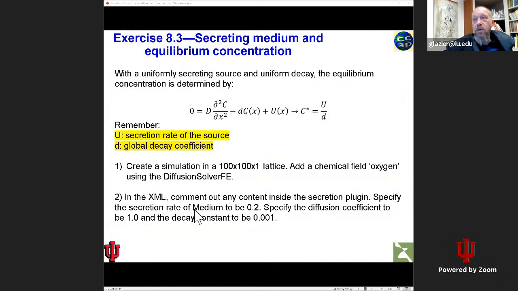And we'll say the thing that's doing the secreting is medium. And we'll say it has a secretion rate of 0.2. Diffusion coefficient is 1. And the decay constant is 10 to the minus 3. So why don't people give that a shot and try that out?